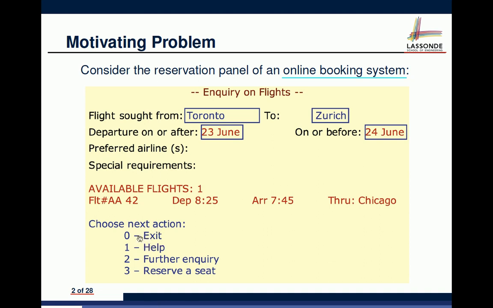You can enter 0 if you want to exit from this page, I don't want to continue anymore. Or number 1 for help, number 2 for further inquiry, or number 3 to actually reserve the seat. So for every page while you're interacting with the website, you have a list of options, and the list of options available depends on which state you are in.